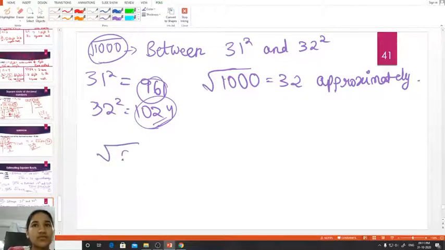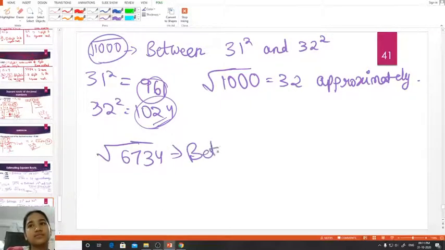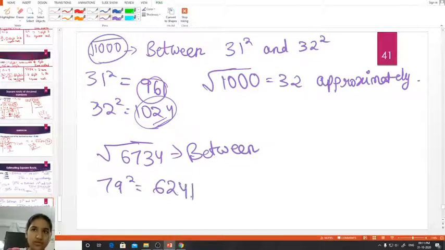The next is the square root of 6,734. You have to check again between which two numbers 6,734 lies. What's 79 square? It's 6,241. What's your 80 square? 6,400.